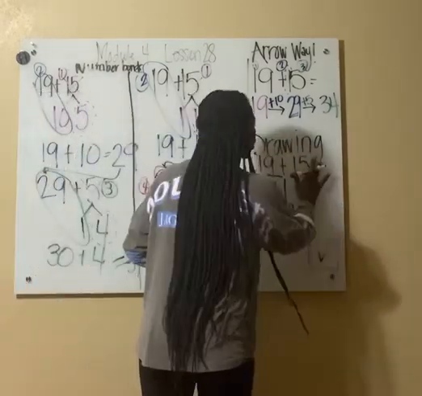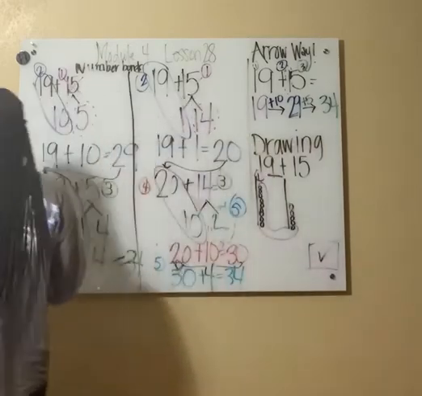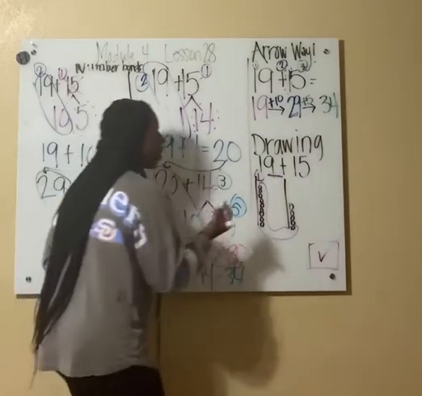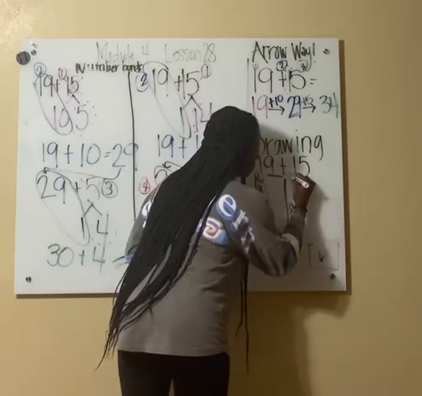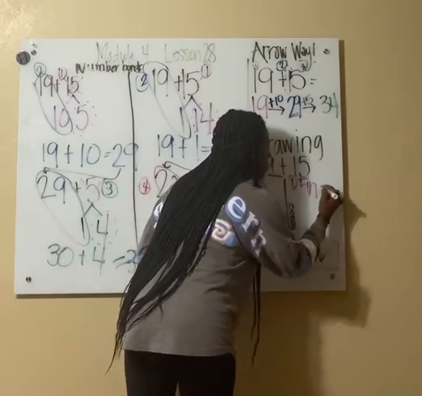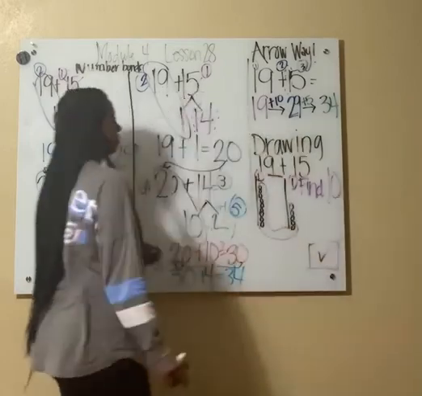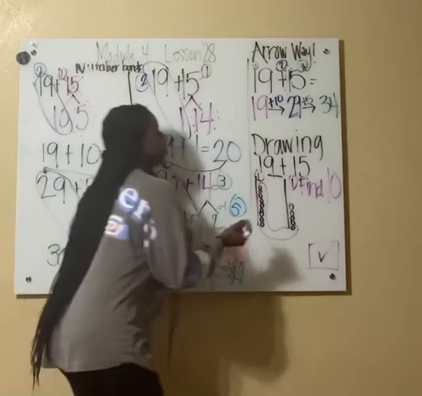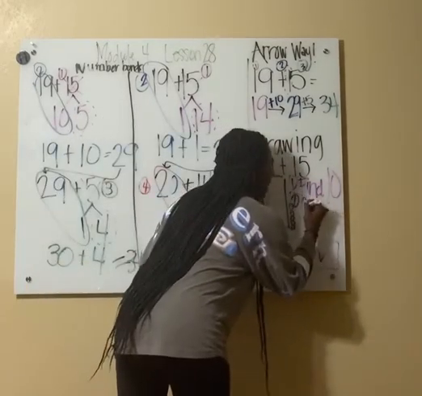Once you did that, all you're doing now, your step 2, is to count. So step 1, find 10. Step 2, count.